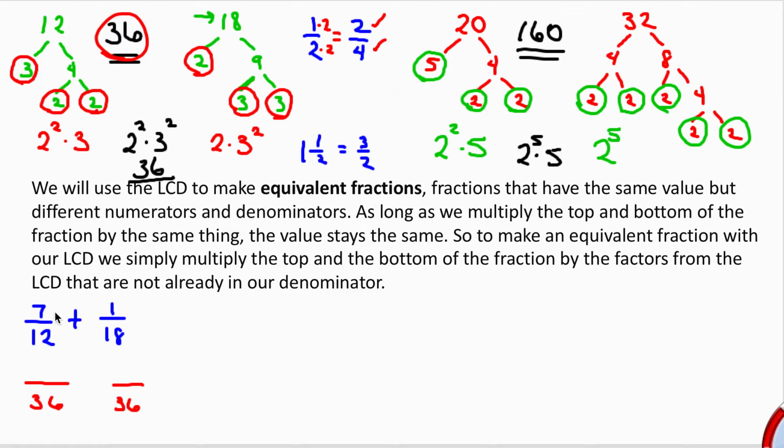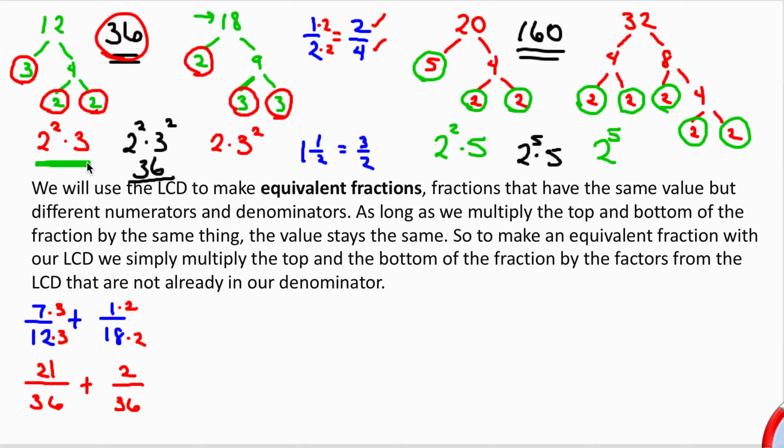So to do that, I just have to multiply this top and bottom by the same thing. So I have to figure out, well, 12 times what is 36? We might know it's times 3. We might just know that. So that would tell me to do the same thing. 7 times 3 is 21. Okay, and we might know that 18 times 2 is 36, telling me I've got to multiply the numerator times 2.